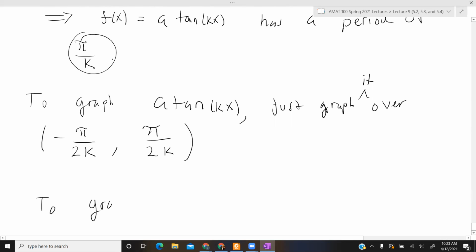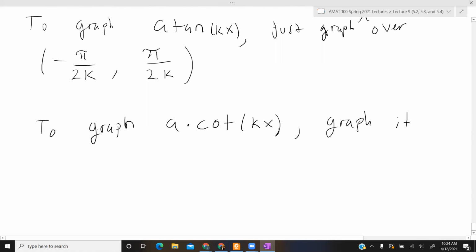And then to graph a times cotangent of kx, you just graph it over the interval 0 to pi over k.